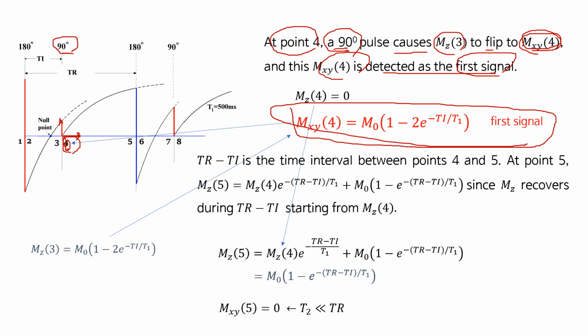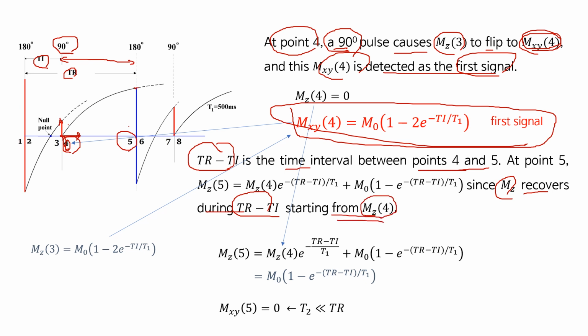Now from here, longitudinal magnetization is recovering, right? Recovering time is this much, which is TR minus TI, right? So TR minus TI is the time interval between point 4 and point 5. At point 5, Mz recovers during TR minus TI starting from Mz4. Okay?